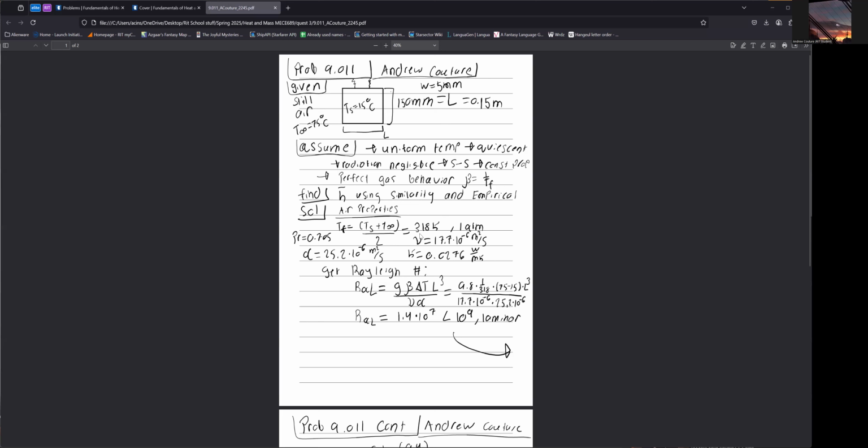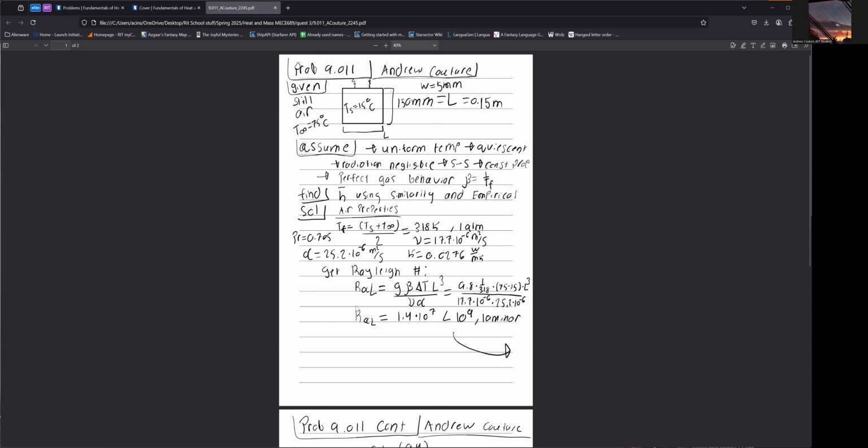That gives us the properties: alpha of 25.2, Prandtl number 0.705, conductivity k of 0.02676, and nu of 17.7 times 10 to the negative 6 meters squared per second. The alpha is also times 10 to the negative 6 meters squared per second.